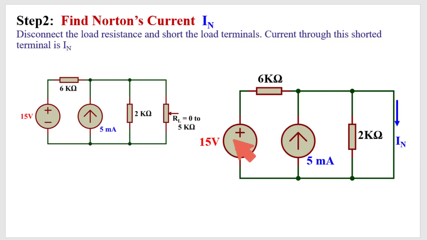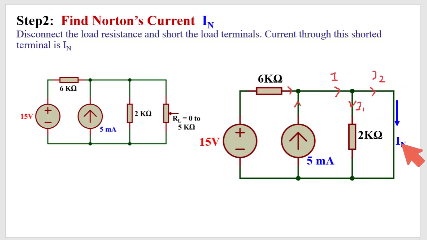Now here, due to this voltage and this resistance, the current will flow in this direction, and due to this current source, current will flow in this direction, and the summation of these two is ultimately here. Say this is I. I has two paths, I1 and I2.